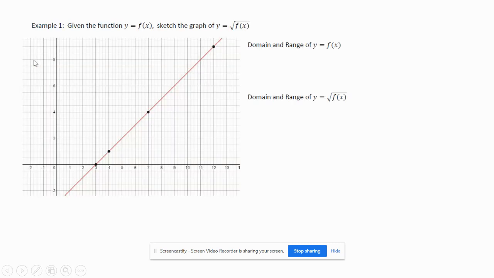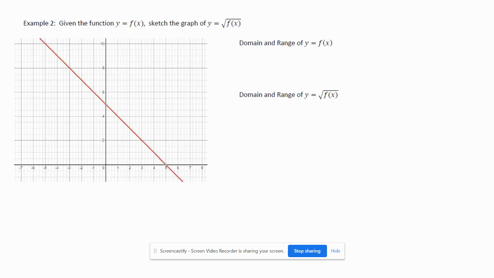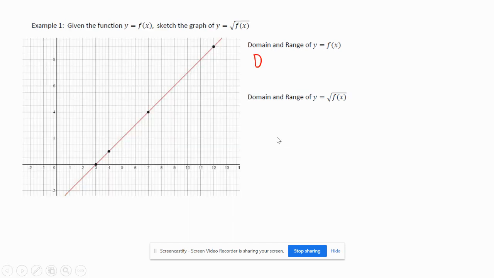Looking at example one: given the function y equals f of x, sketch the graph of y equals square root of f of x. First, let's start with the domain and range of f of x. Our domain is from negative infinity to infinity, and our range is from negative infinity to infinity.